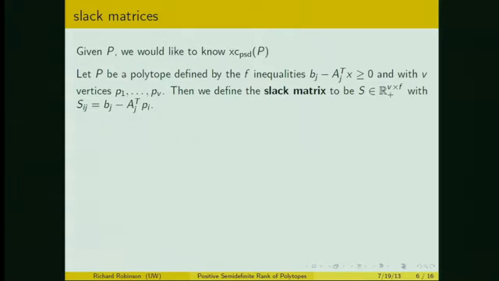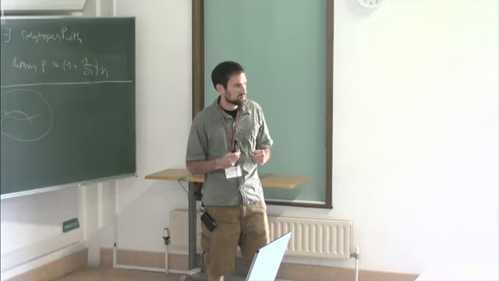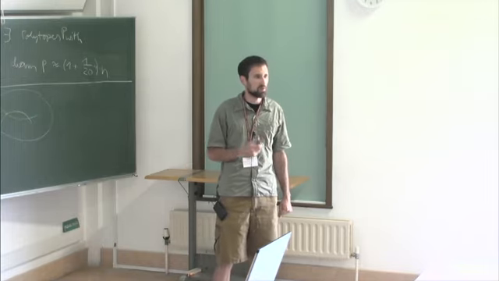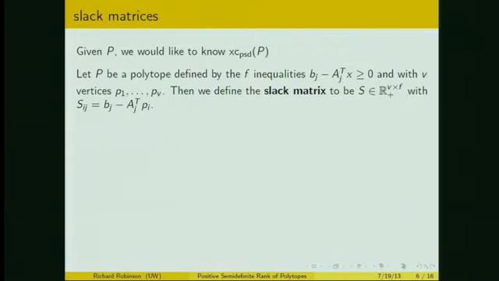The first is the concept of a slack matrix of a polytope. Given a polytope with an inequality description like so, and v vertices, the slack matrix is a matrix indexed on the rows by the vertices and in the columns by the inequalities, such that we get the ij-th entry by plugging the i-th vertex into the j-th inequality and looking at the slack.